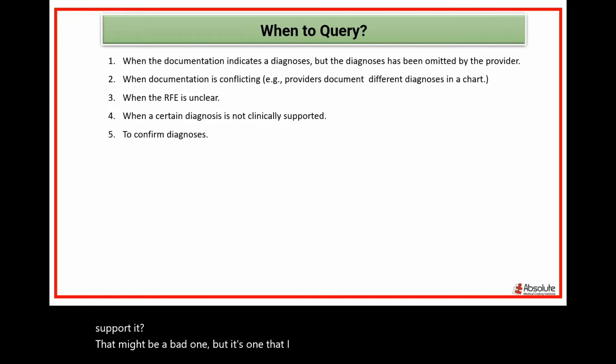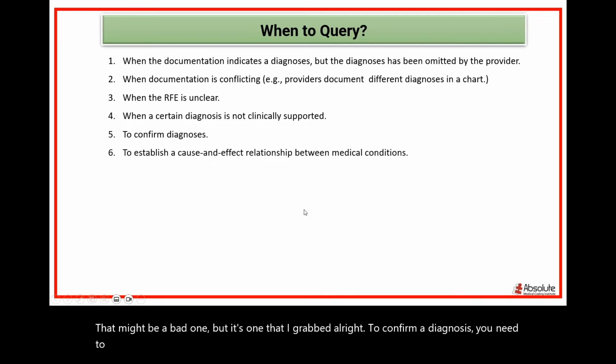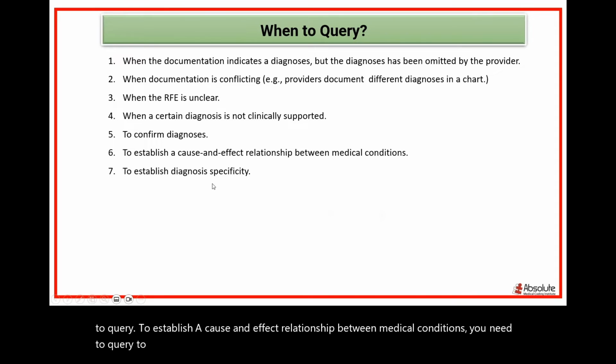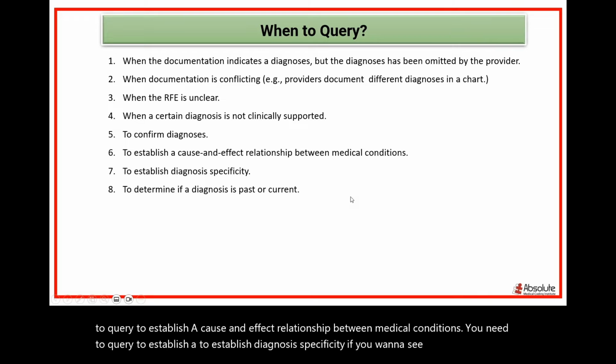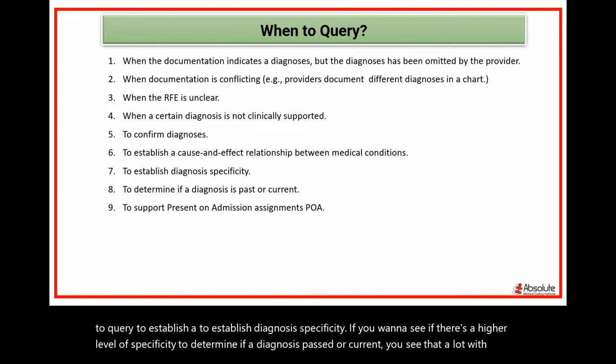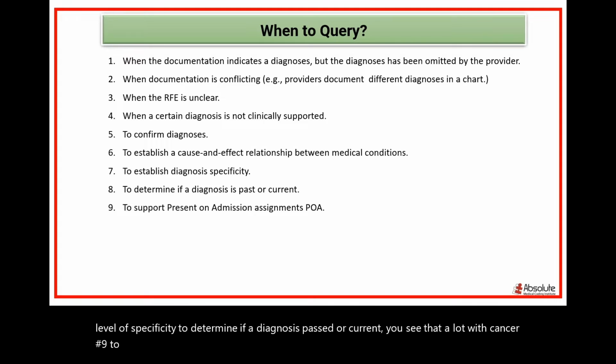All right. To confirm a diagnosis, you need to query. To establish a cause and effect relationship between medical conditions, you need to query. To establish diagnosis specificity, if you want to see if there's a higher level of specificity, to determine if a diagnosis is past or current. You see that a lot with cancer. Number 9, to support present on admission assignments.